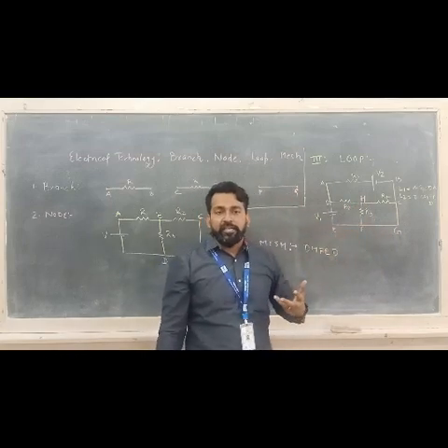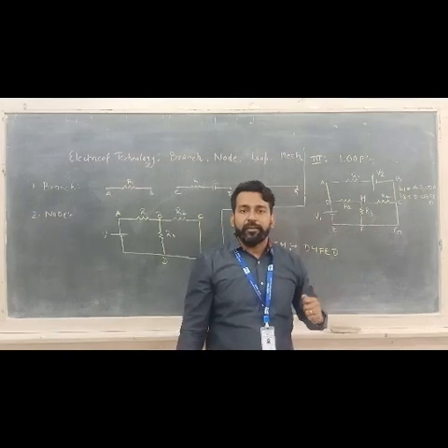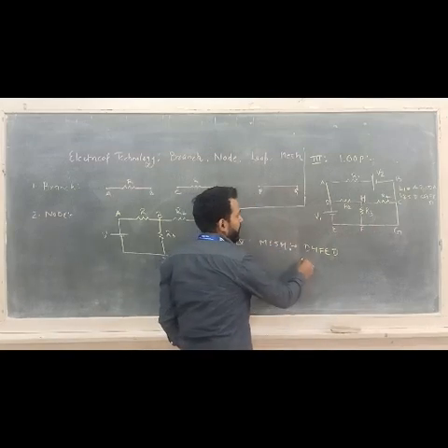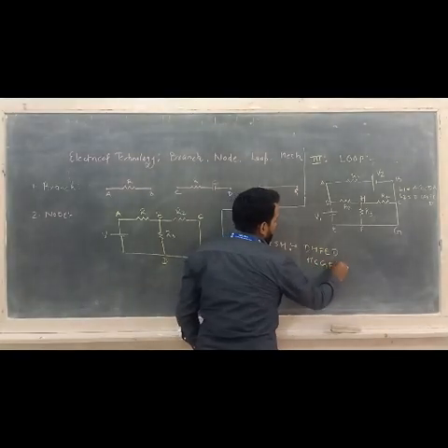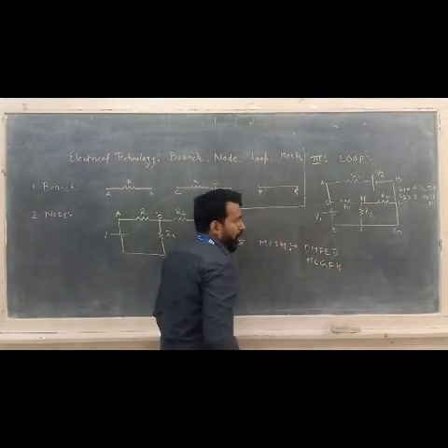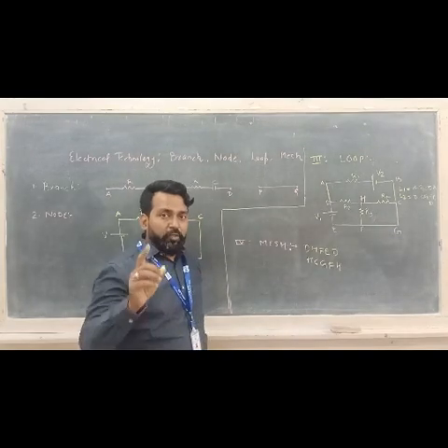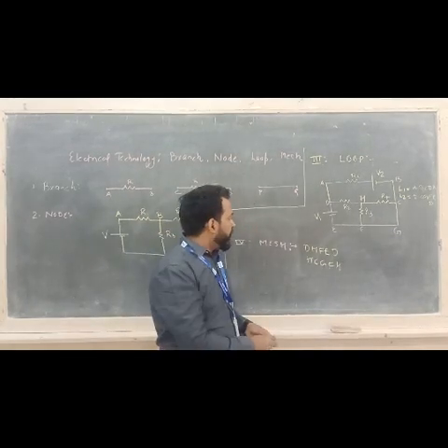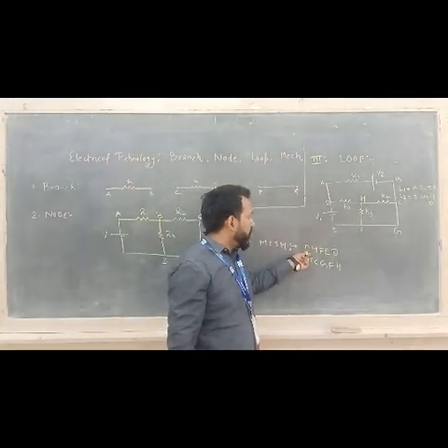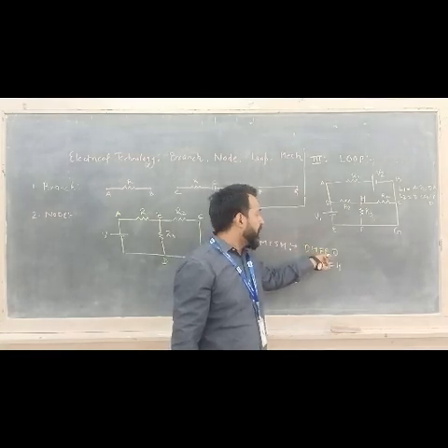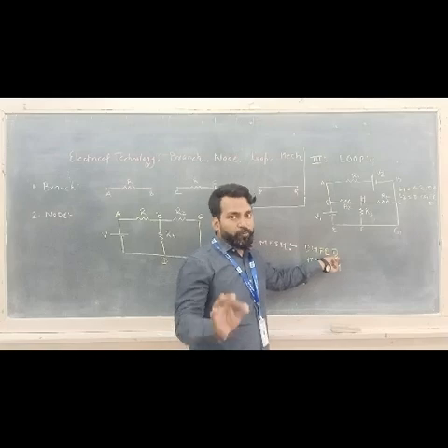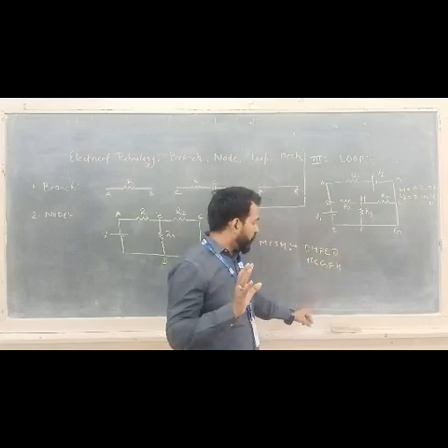Why? Because there does not exist any other loop inside it. And while naming all the loops and meshes, you might notice one thing. We start from a point, we move through a path through which current will complete its path, and then we come back to the same point. This point you should note.